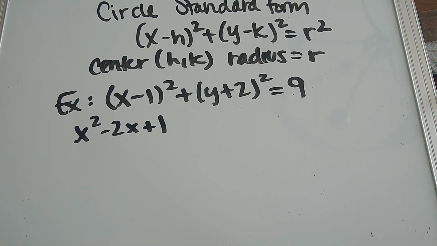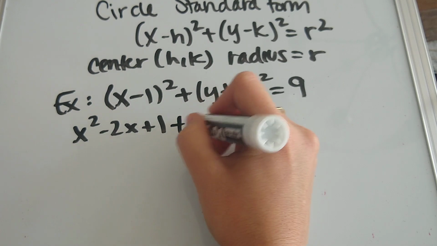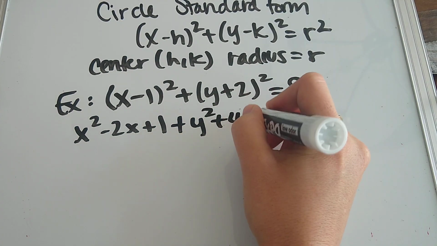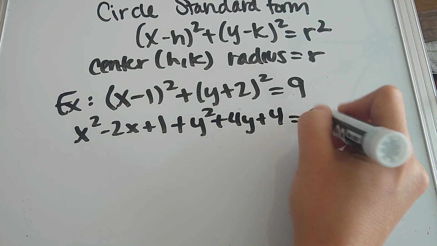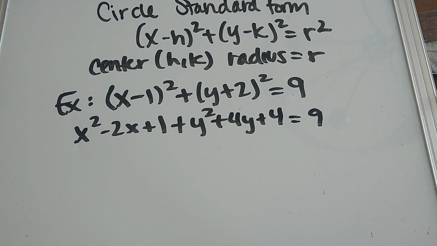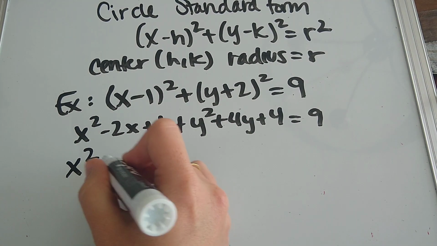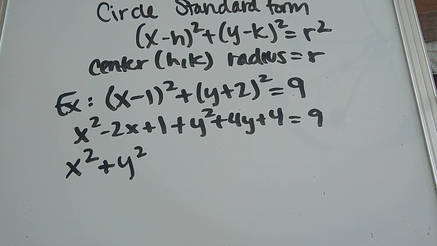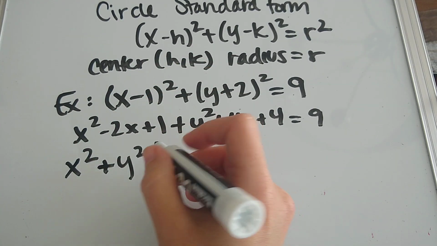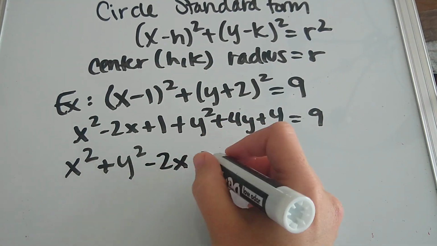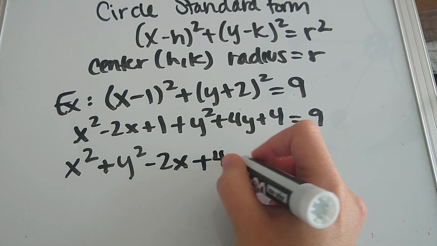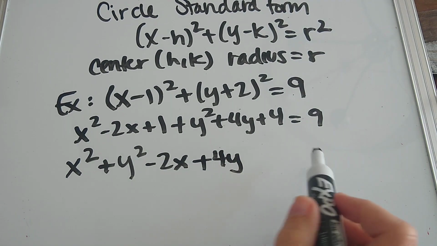And then we're going to multiply out (y plus 2) squared. Again, that's (y plus 2) times (y plus 2). Y squared plus 4y plus 4 equals 9. So that's kind of the gist to that, but now I've got to organize it. So for expanded form, you put the x squared term first, then you put the y squared term second, then you put the x term, then you put the y term, and then you put everything else.